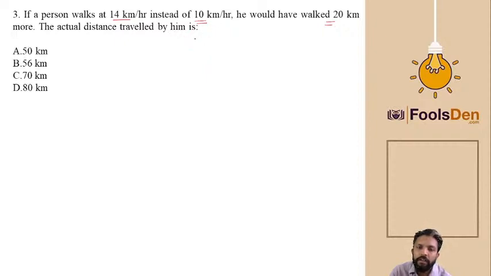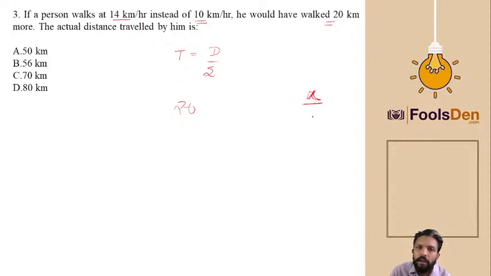Now time is equal to distance upon speed. If I calculate the time for the first case, d1 is the distance. If it travels with 10 kilometer per hour, let the distance be x. So x upon 10.